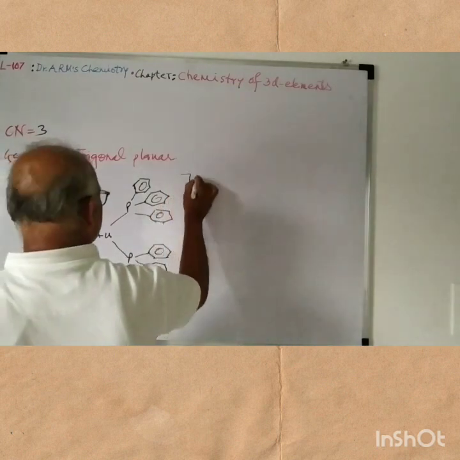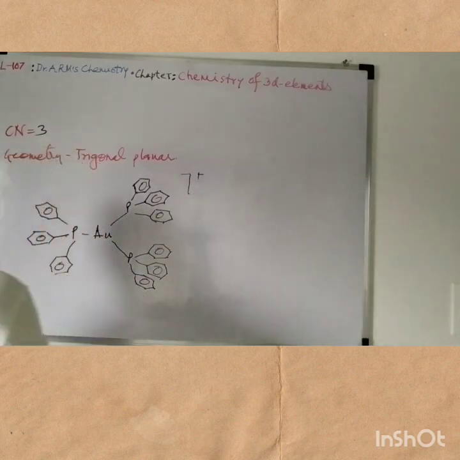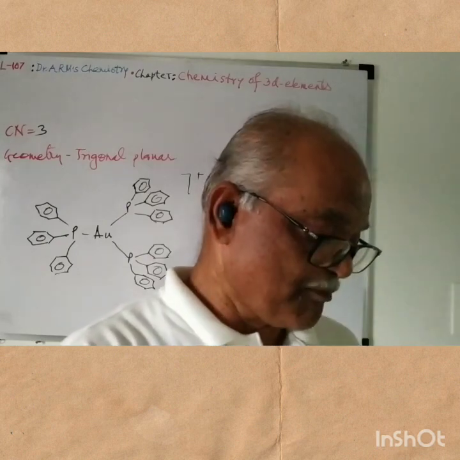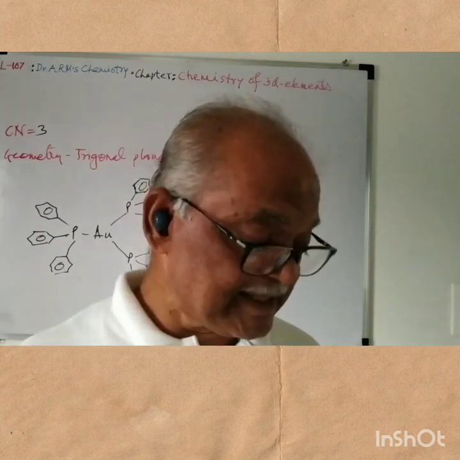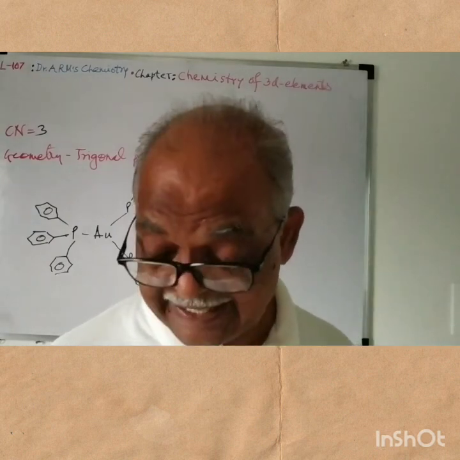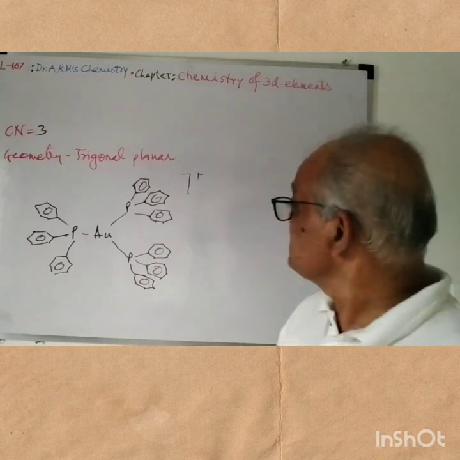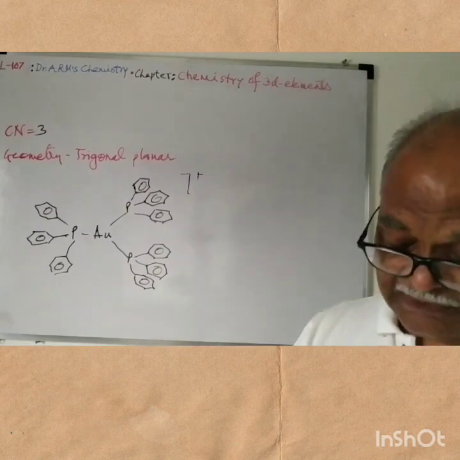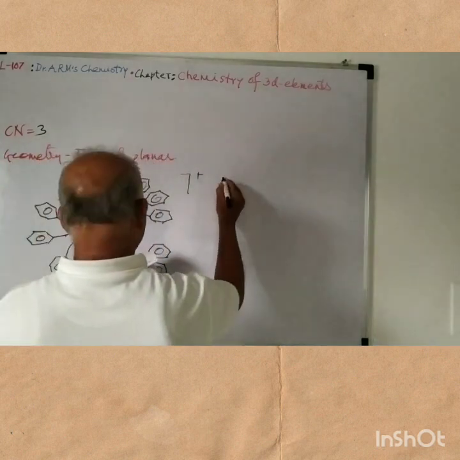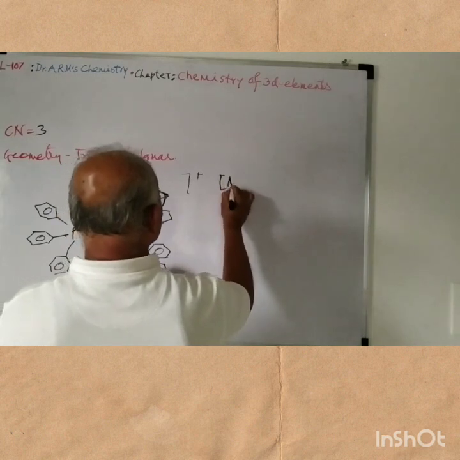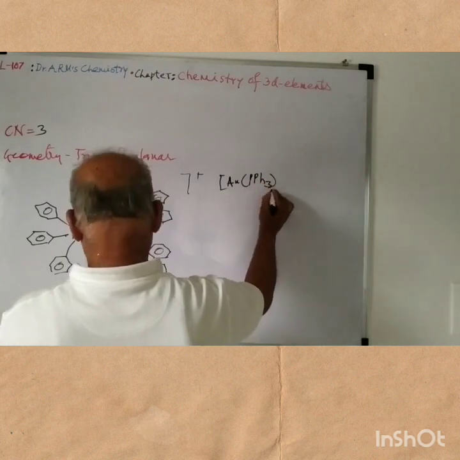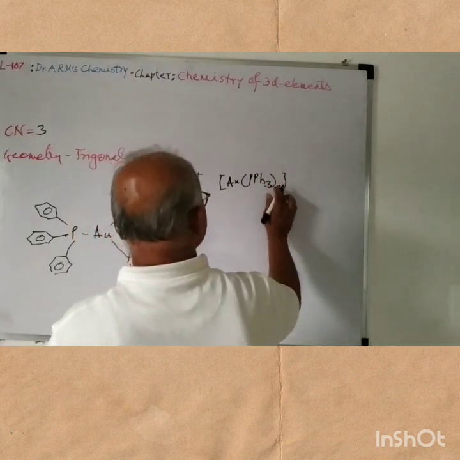This has charge plus 1. So this structure is usually trigonal planar, but if the ligands are of different nature, then you will find different distorted structures. We will show some other examples, for example Au(PPh3)3 plus.